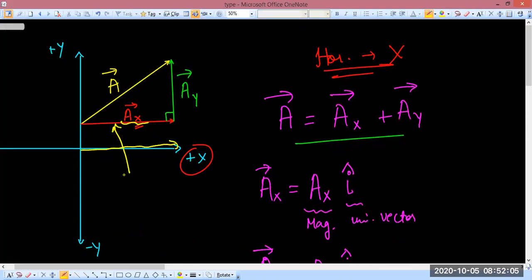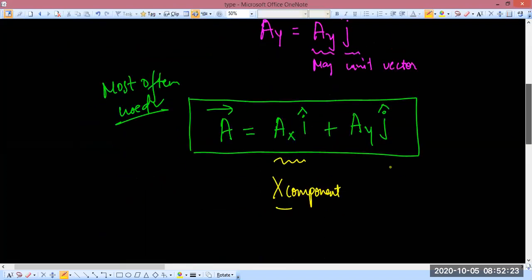This is called x component, right? And similarly, this green one, AY vector, is parallel to y axis. So we call it y component. Clear? Okay. Right? So this is a very important relation.